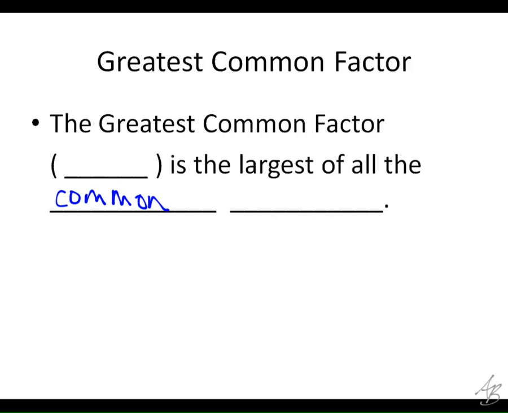So we look at that list of common factors, and the biggest number on that list is the greatest common factor. So anybody remember how we abbreviate greatest common factor? GCF. Yeah, it's pretty easy, right? So if I use the word GCF, you should know I'm talking about the greatest common factor. So the greatest common factor is the one number that's on both lists, that's a factor of both numbers, that is the greatest, the biggest.